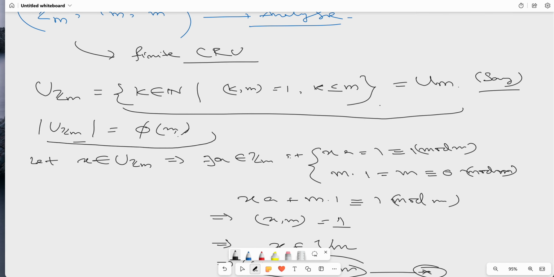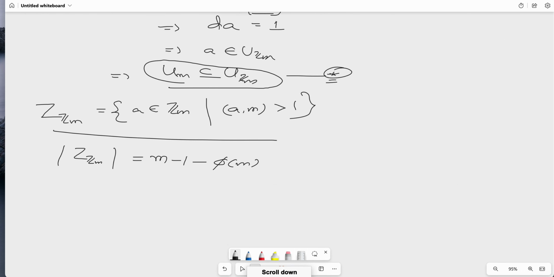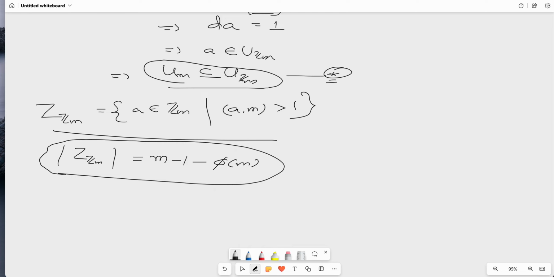Also I have to subtract 0, because by taking 0 we cannot do anything, as 0 is neither a zero divisor nor a unit. So this 1 is for 0, and total elements n minus 1 minus phi(n), where phi(n) is the total number of units, right?